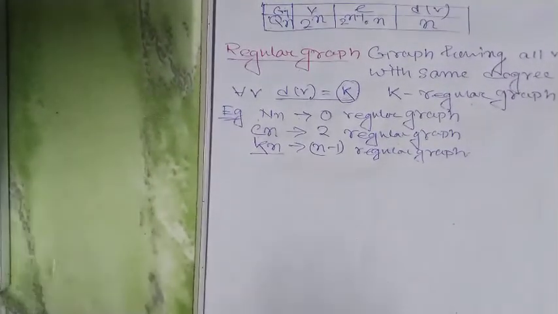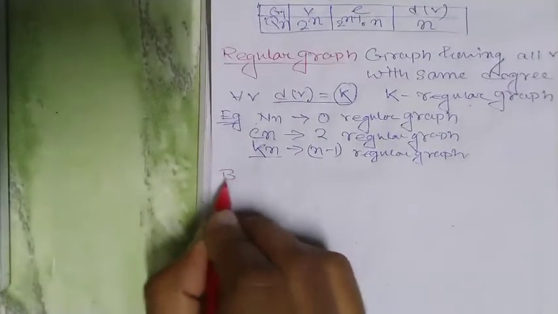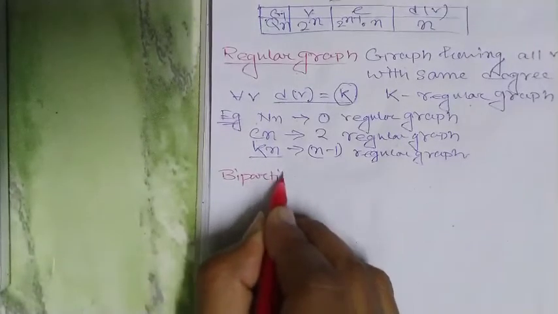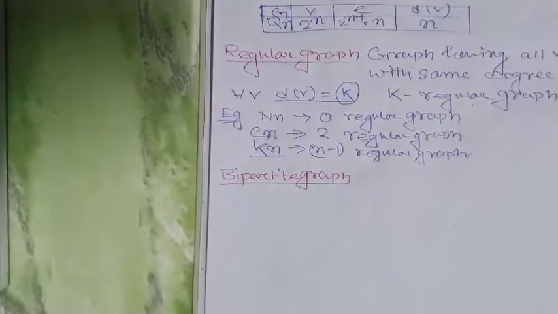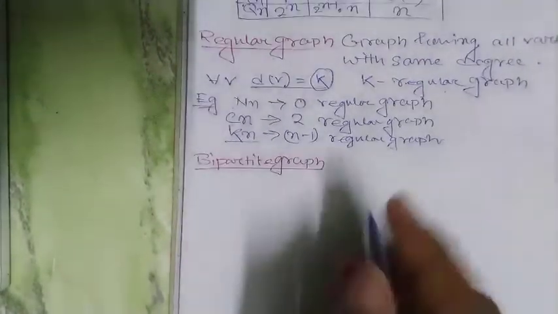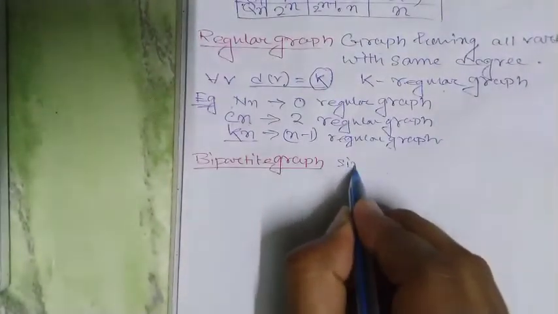The next thing we have is the bipartite graph. A bipartite graph is a simple graph.